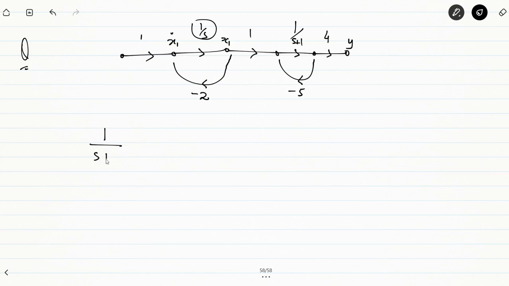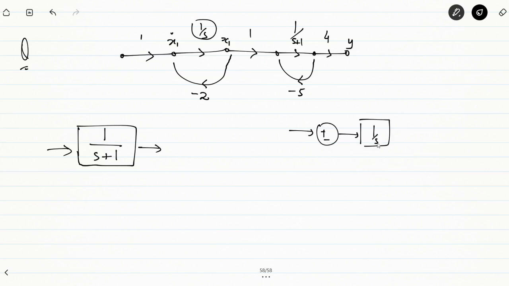If we have a system that's governed by an equation 1 by s plus 1, we already know this can be represented as a unity feedback system like this. So 1 by s plus 1 can be represented as a unity feedback system wherein your forward path gain will be 1 by s and your feedback is unity, a negative feedback system rather.